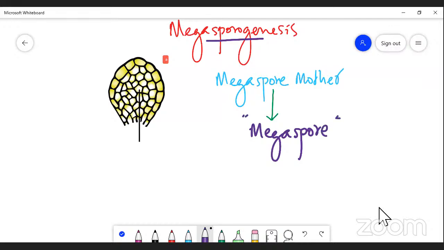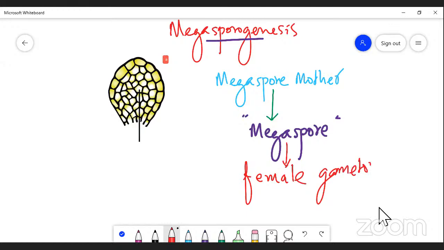Megaspore is the first cell of the female gametophyte. This megaspore gradually develops into the female gametophyte, or it is also known as the embryo sac.